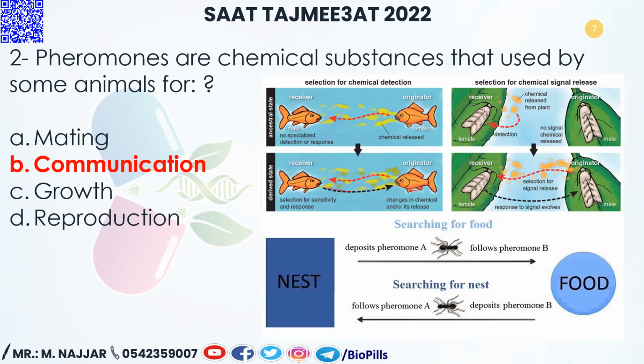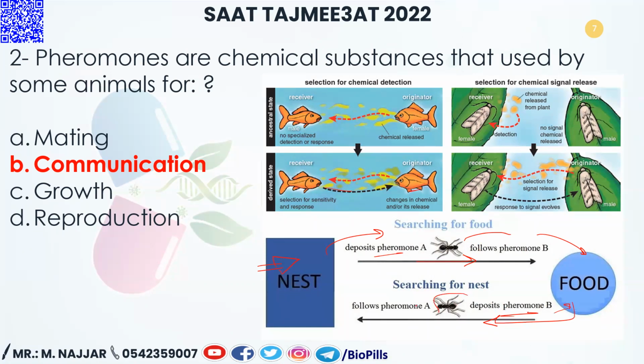to another organism from the same species without being encountered by the predators. And this will be useful in another question, okay? Ants, for example, when they are moving from their nest, deposit pheromone A, and they follow pheromone B towards the food that may be from another ant. So they are moving in a fixed pathway. And when they are moving back to their nest, they deposit pheromone B closer to the food.